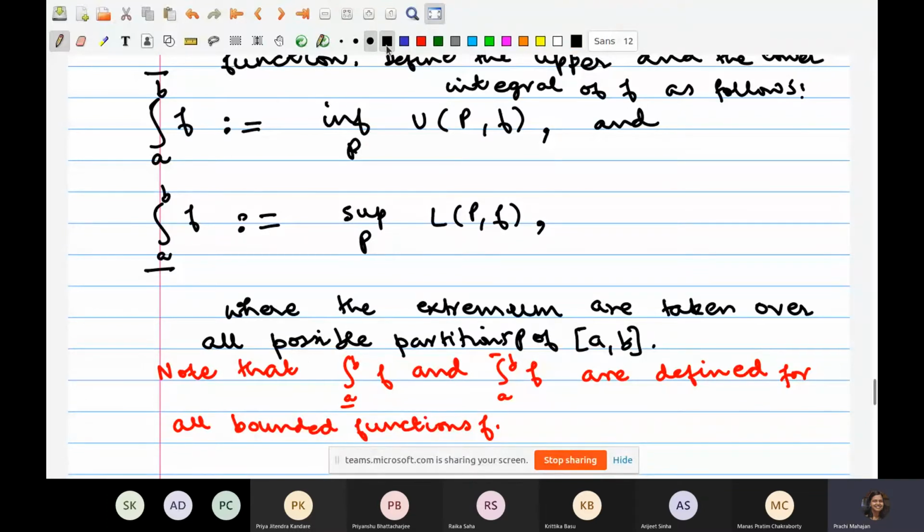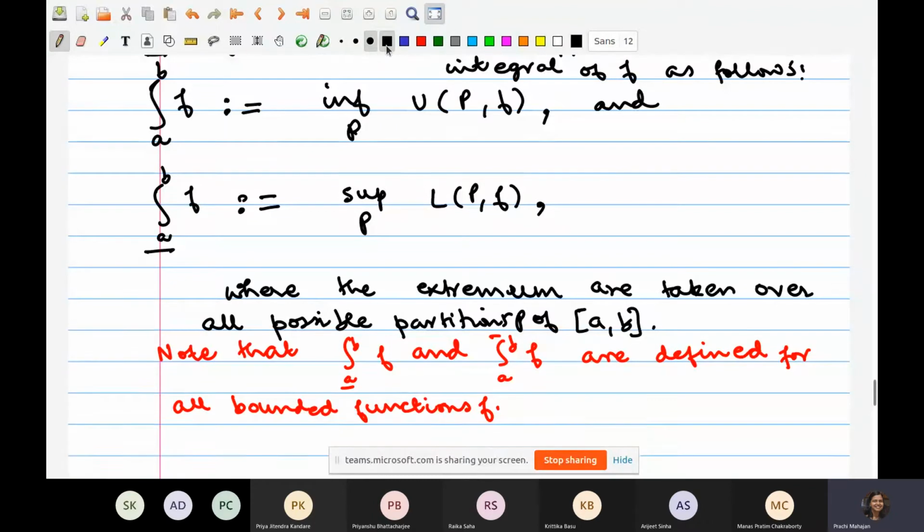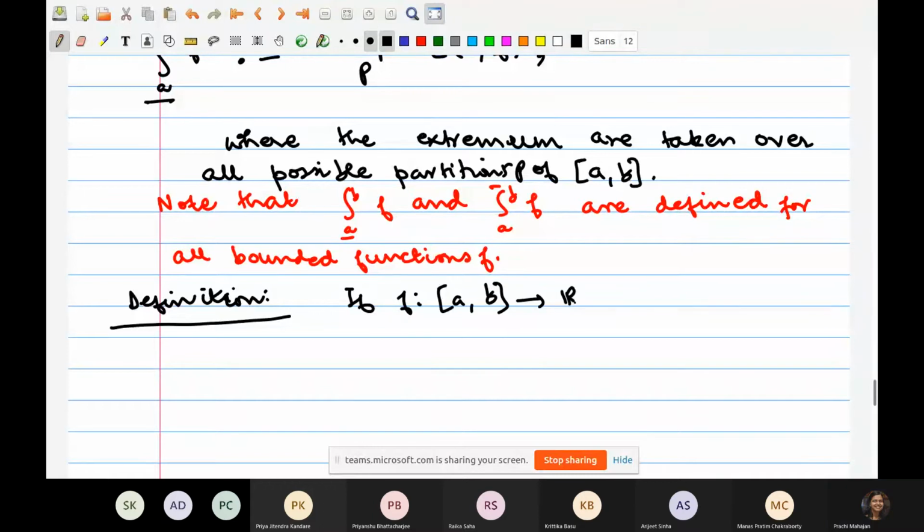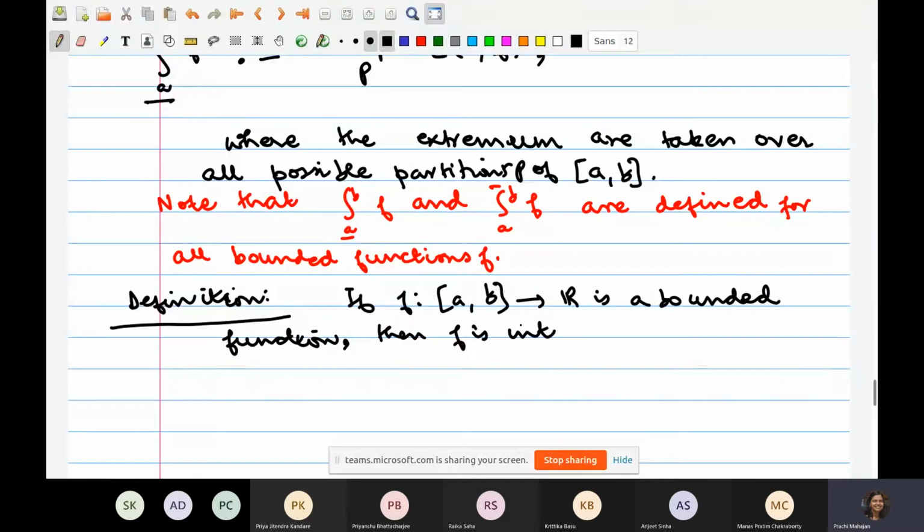Now, having defined the upper and the lower Riemann integral, we say that a function is integrable if the upper and the lower integral both coincide. Let me just write that down. This is the final definition. So if f is a bounded function, then when do we say that f is integrable?